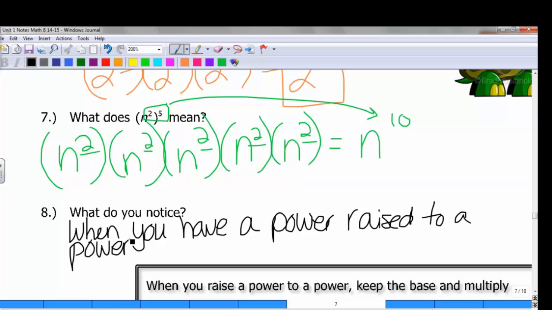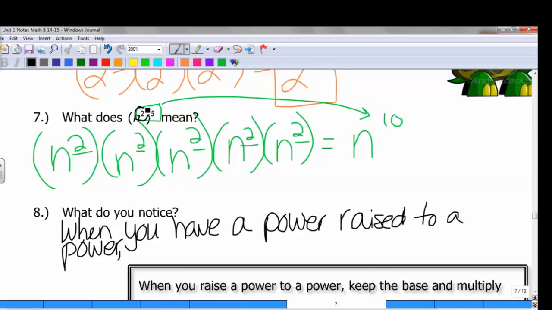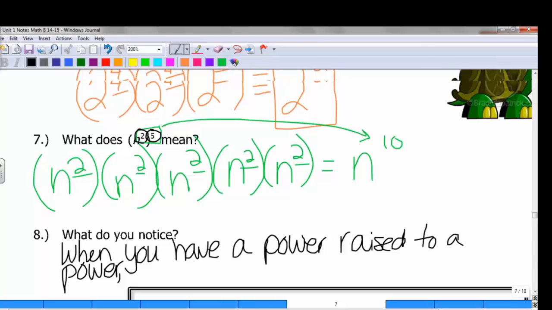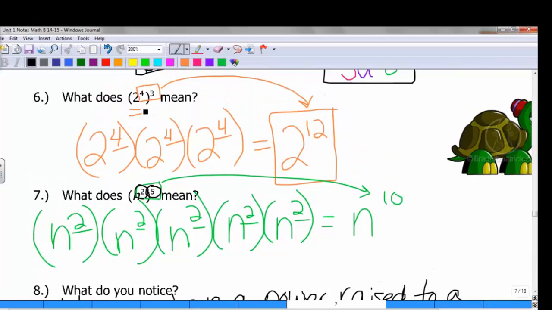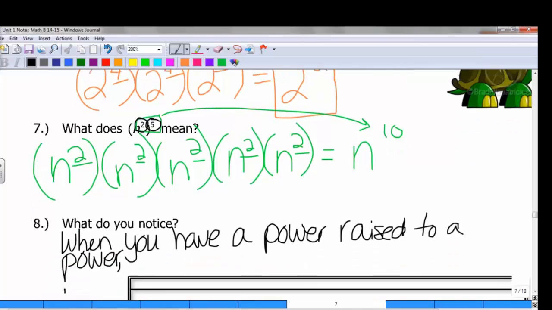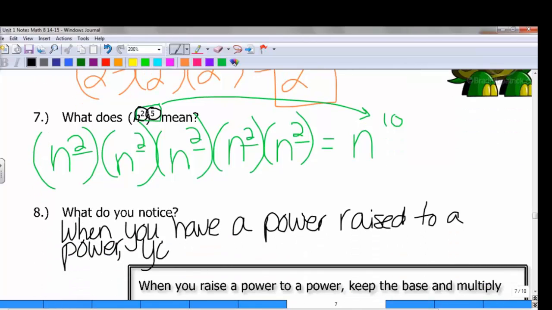So here's an example of a power raised to a power. Here's your first power, and it's being raised to a second power, right? And up here, again, here's your first power. It's being raised to a second power. Whenever you have a power raised to a power, you must, what? What do you think you should do? Hopefully you wrote down that you should multiply the exponents.